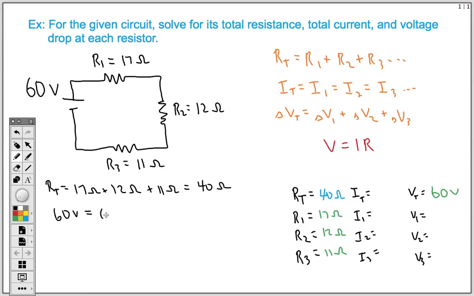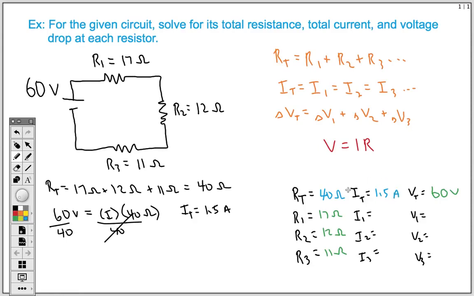That's going to equal our current times our resistance, which is 40 ohms. So to get I by itself, we're going to divide by 40 on both sides. When we do this, our total current is going to equal 1.5 amps. Okay. This is valuable information. We can plug that in right here, 1.5 amps.